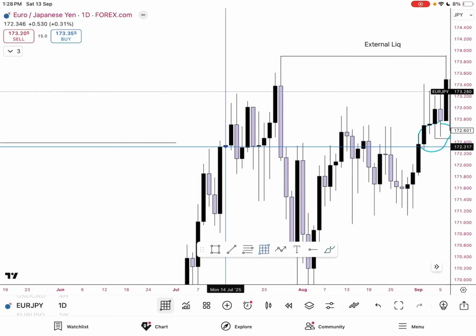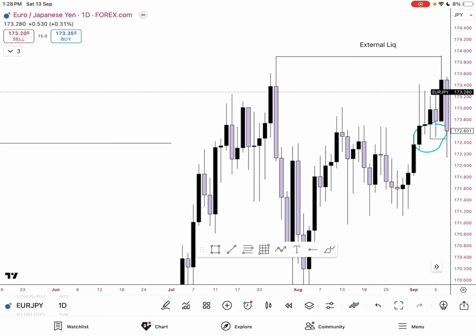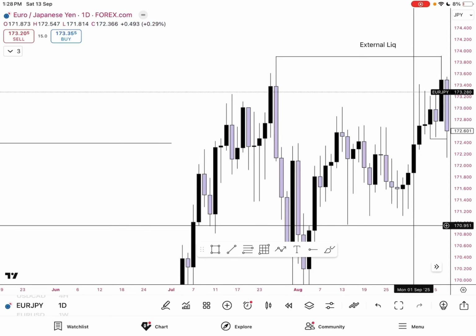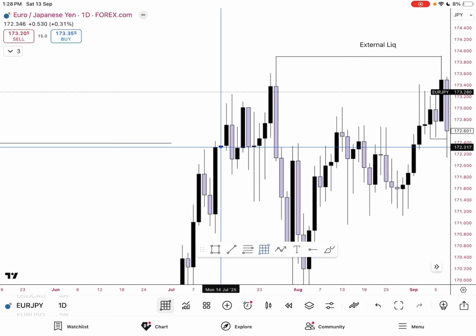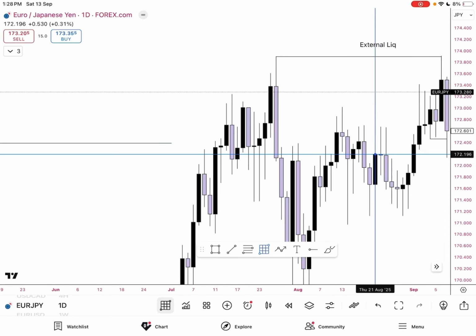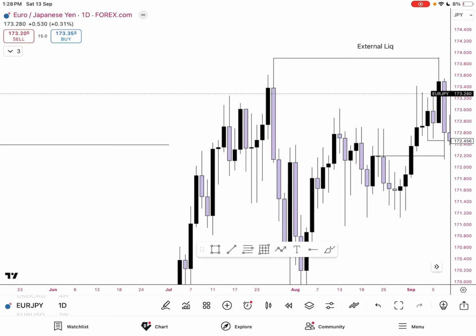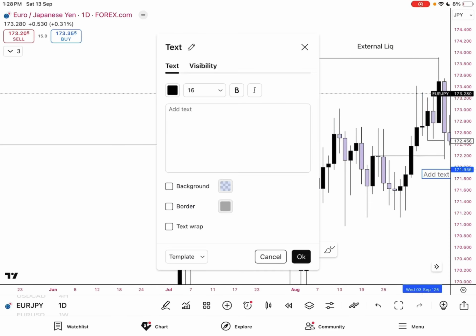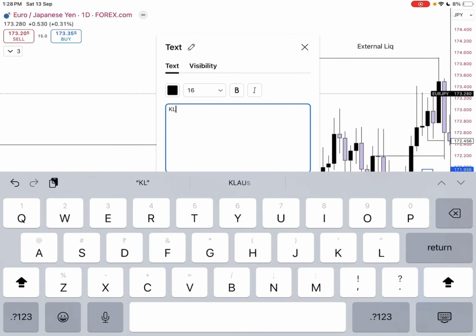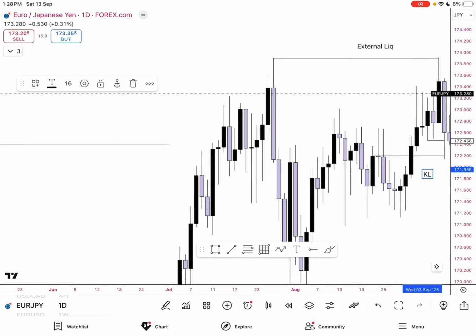Okay, so now price came to take this internal liquidity. You need to find any key levels which reacted after this internal liquidity. Here you can see the key level, which is below our internal liquidity, right?